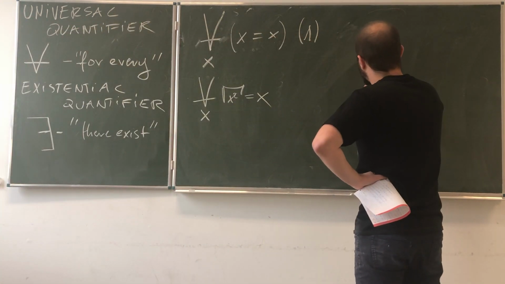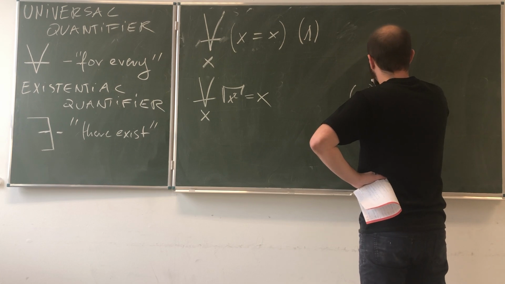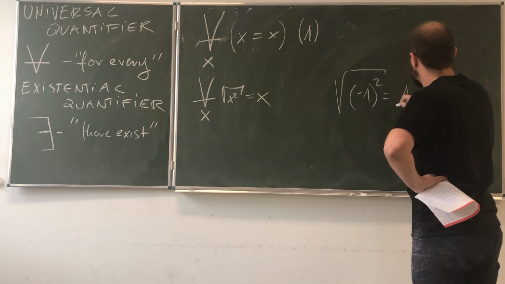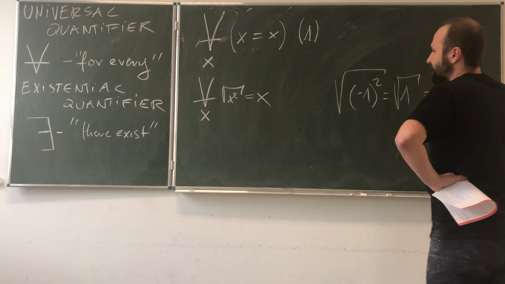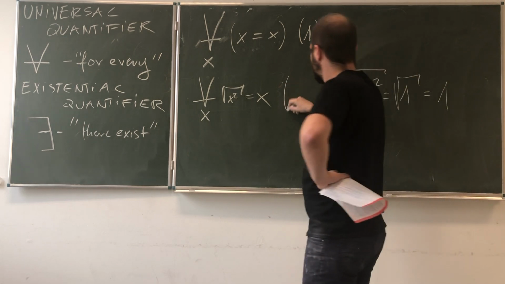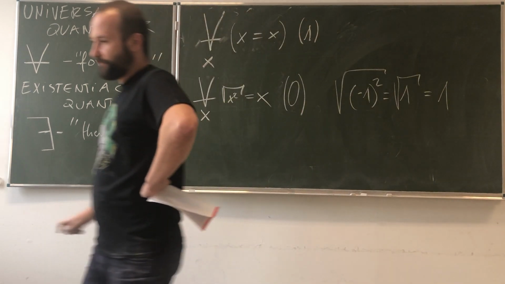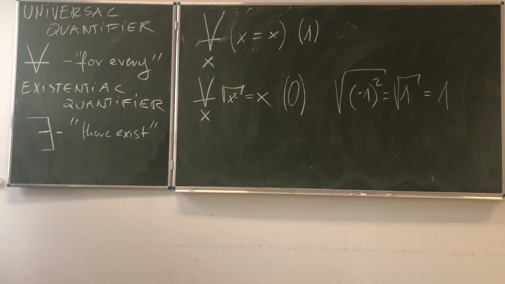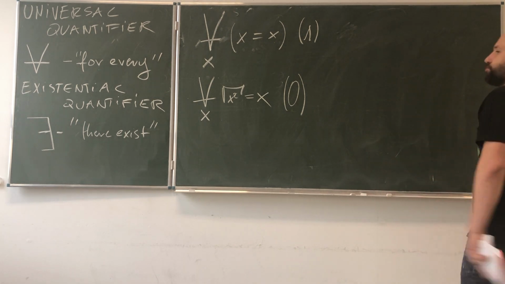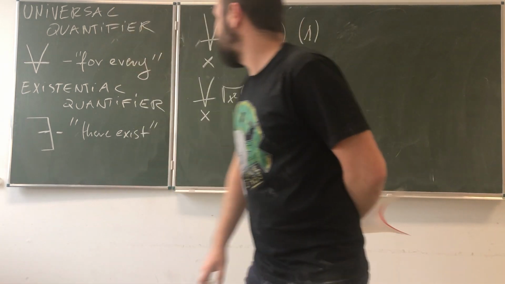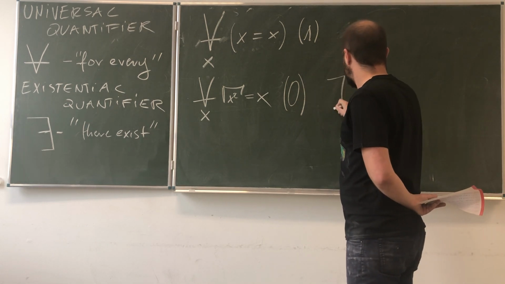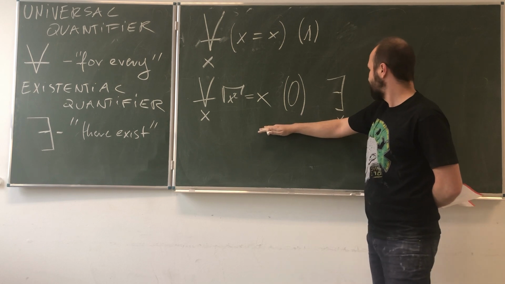Why? Because, for example, if I take negative 1 to the power of 2, I'm going to get 1. If I take the square root of this, I'm going to get 1. So we see that this fails. But maybe we can respond to this more formally using the existential quantifier. There exists, right? Why is this false?